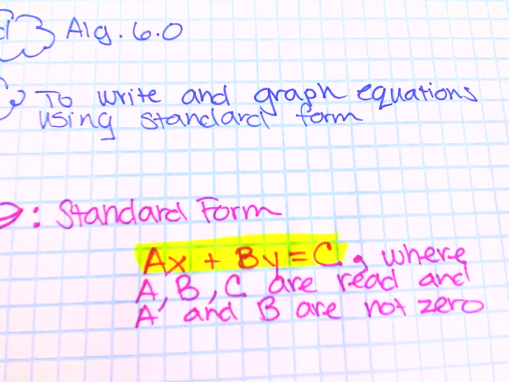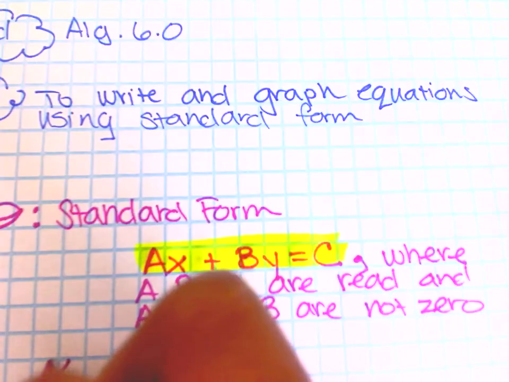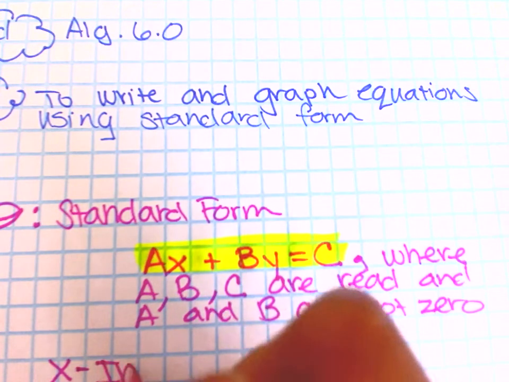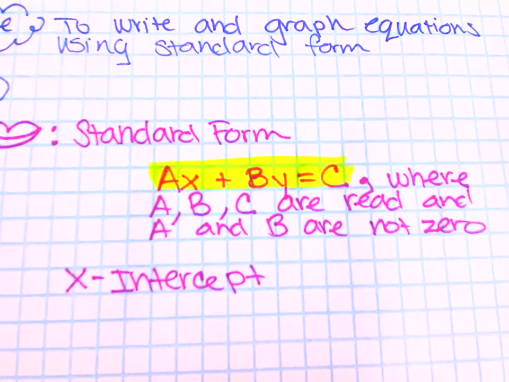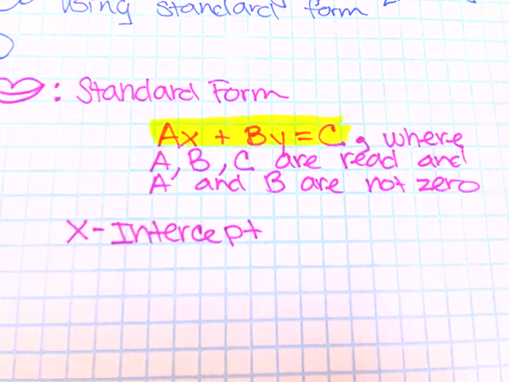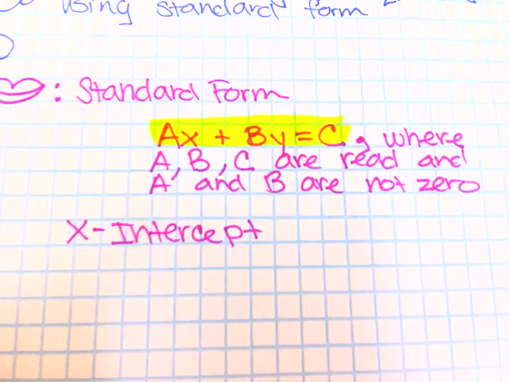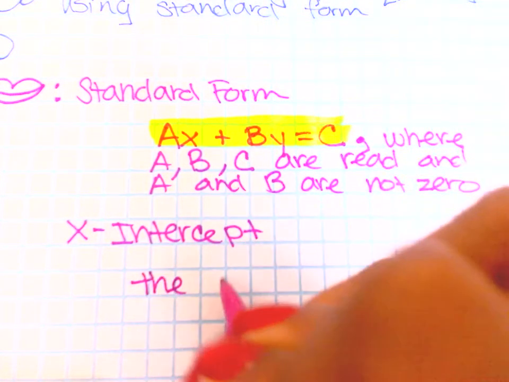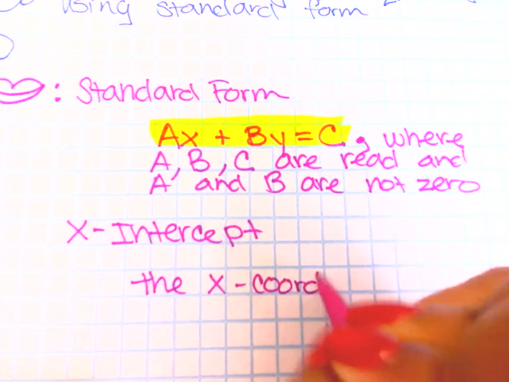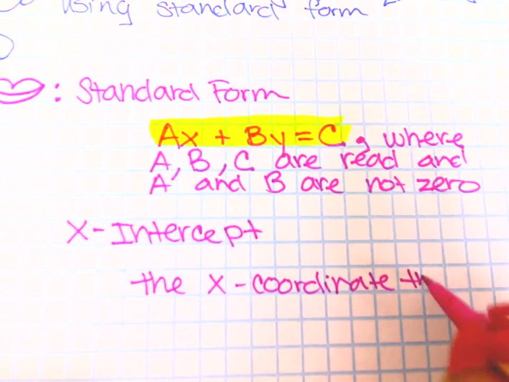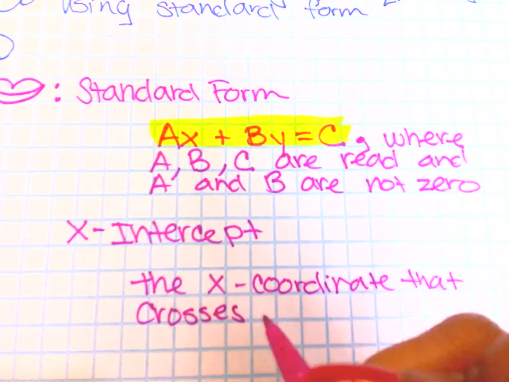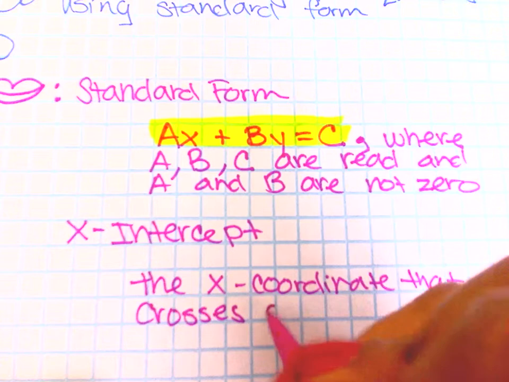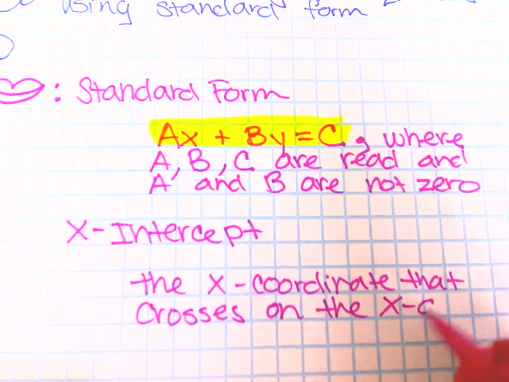Okay. Next one. Yesterday we learned what the y-intercept was. Today we're going to learn x-intercept. The x-intercept is the x-coordinate that crosses on the x-axis.